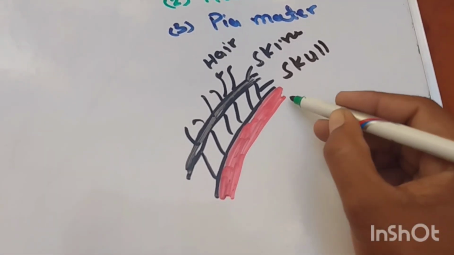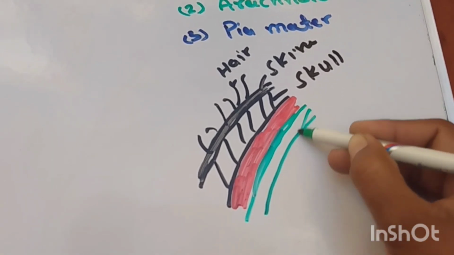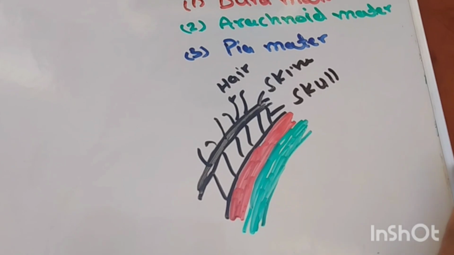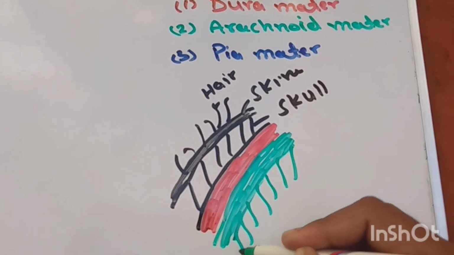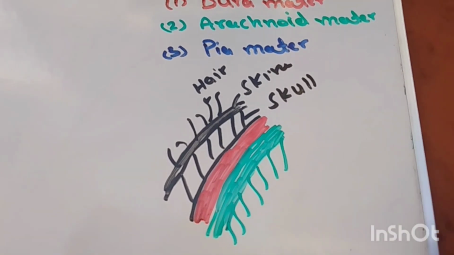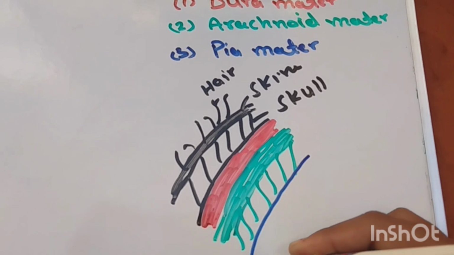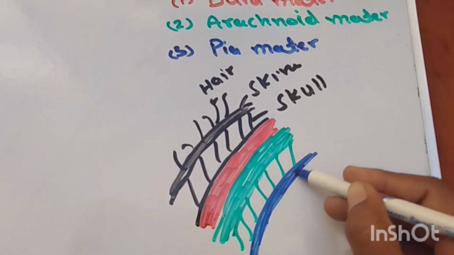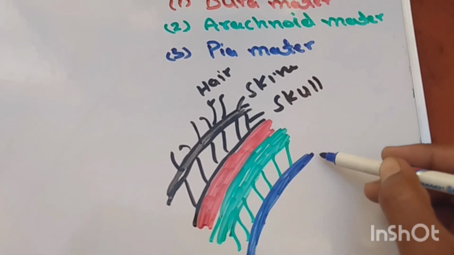Second is arachnoid mater. Arachnoid mater has web-like projections, and these projections are attached to the surface of the third layer, which is pia mater. So this is dura mater, arachnoid mater and pia mater.